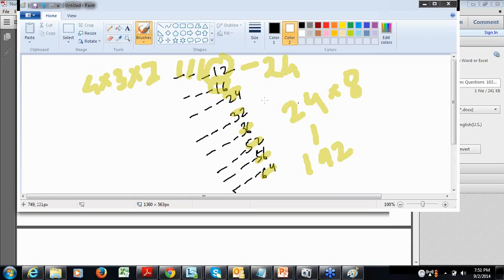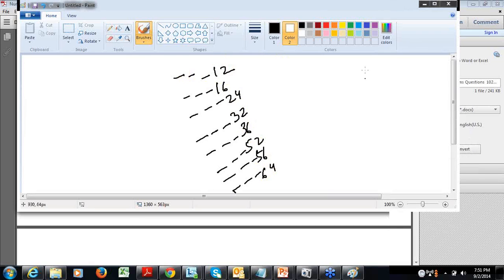So the last 2 digits will be 12, 16, 24, 32, 36, 52, 56 and 64. So 8 different formats are possible. The remaining 3 digits can be filled in 4, 3 and 2 ways. So 4 into 3 into 2, 24 ways, and 8 are the different patterns. So 24 into 8, 192. We'll go ahead and mark option 192.